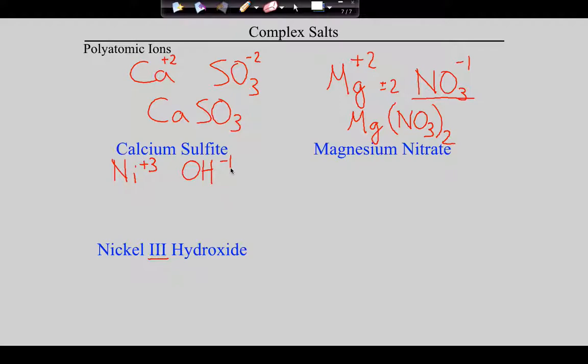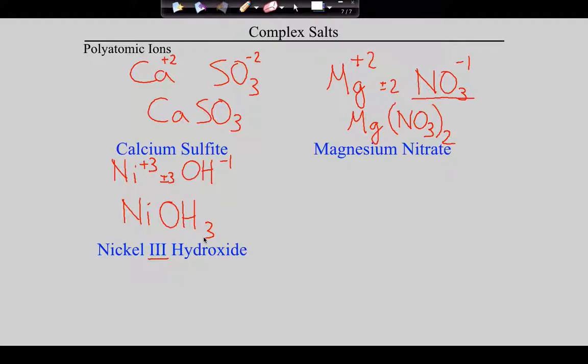Now again, we need to balance charges, so we've got +3 and -1, and those meet up at ±3. This means then that we need 1 nickel, and we need 3 hydroxides. So 1 nickel would simply be Ni. Now if we need 3 hydroxides, we go O, and we go H, and we go 3. And in writing that down, I'll bet you see the problem.